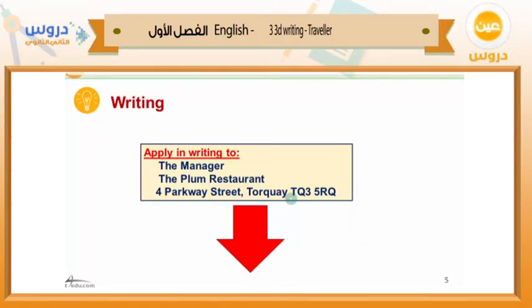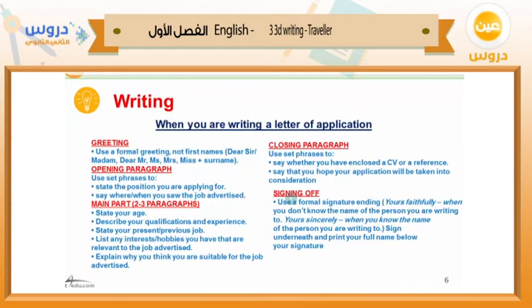These are just numbers and names of streets. And you want to apply for the job, so you have to write a letter. And this letter must be formal, must look nice. You must use good language. You need strong expressions and you need formal language.